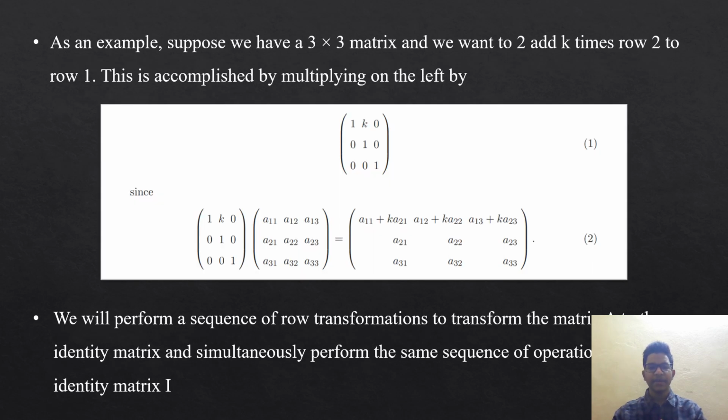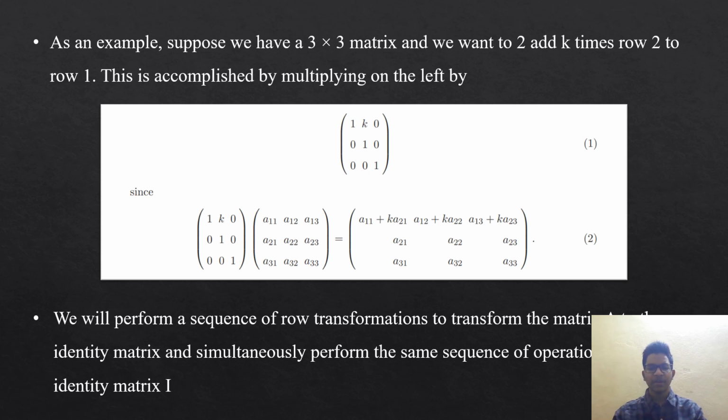As an example, suppose we have a 3 by 3 matrix and we want to add k times row 2 to row 1. This is accomplished by multiplying on the left by the matrix with rows 1 k 0, 0 1 0, 0 0 1.